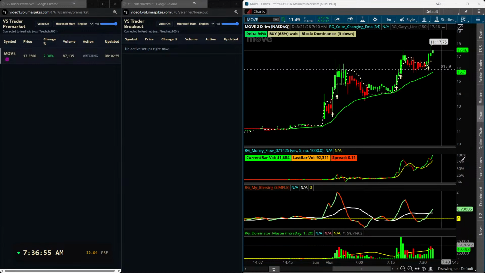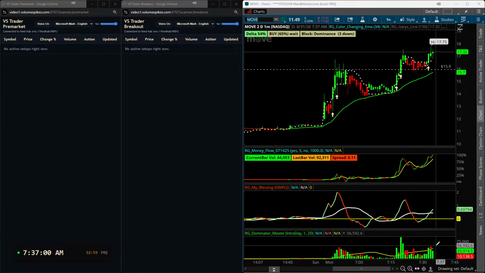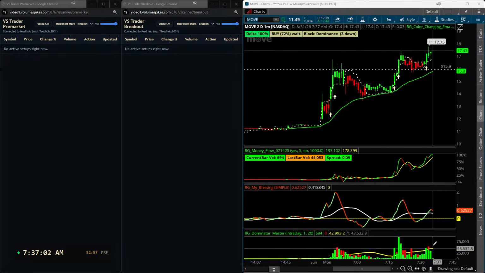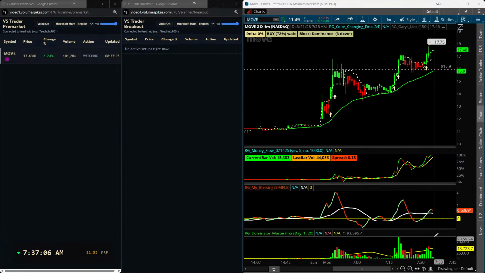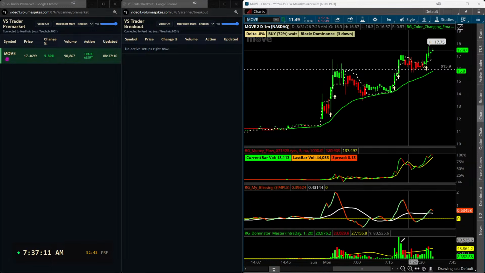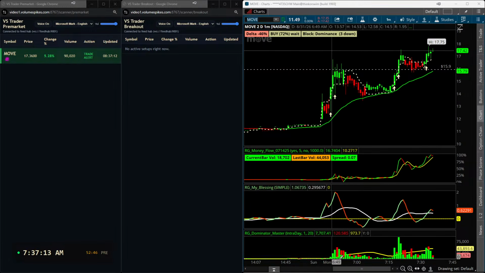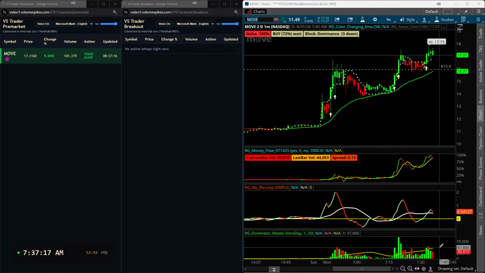A few people just buying it because it's bouncing. We need a party to go on here. We need above this yellow line, we need these dominator bars growing really tall, just like back here and back here. We need it to grow tall and break that yellow line.